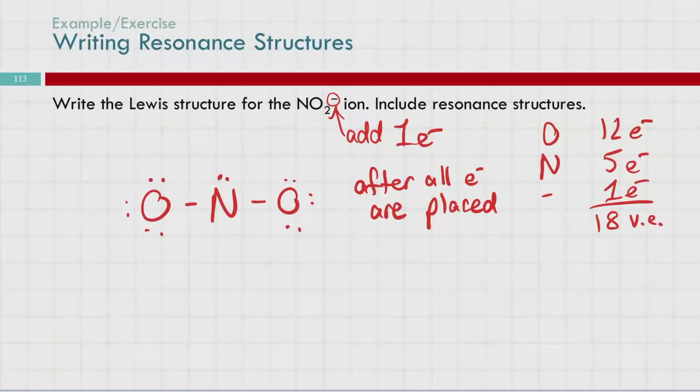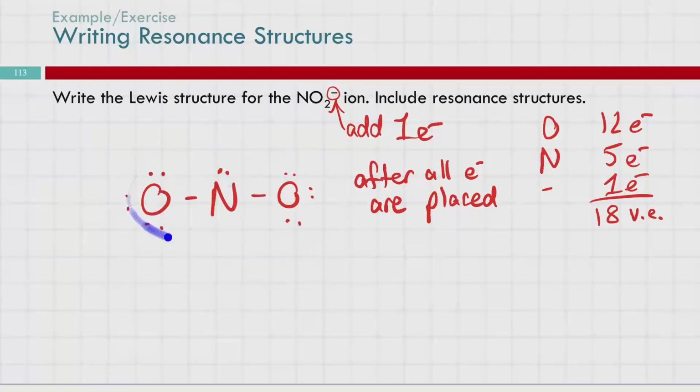Funny how that worked out, that we have 18 again. And then from this point, our oxygens have full octets. Our nitrogen is short 2 electrons. Deja vu, anyone? And so then we have a fork in the road, and we take it.